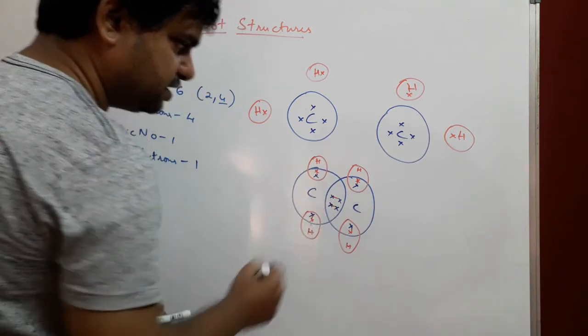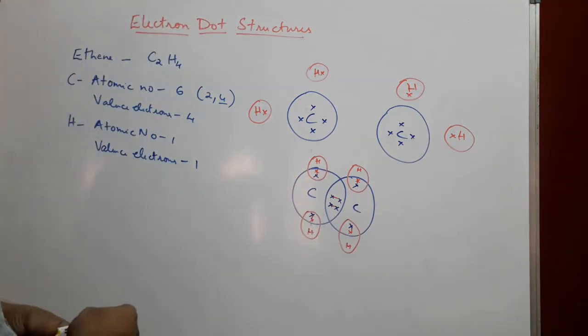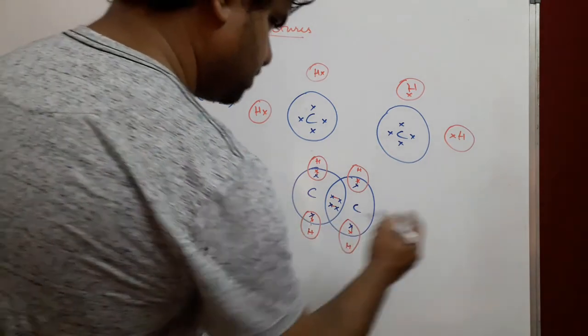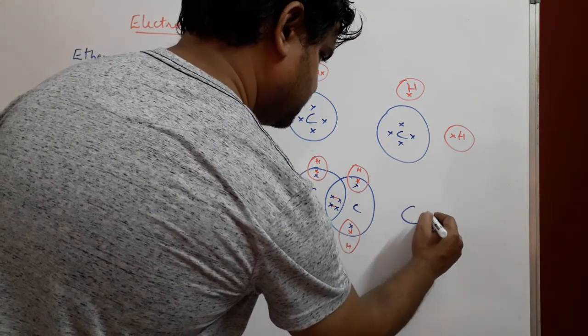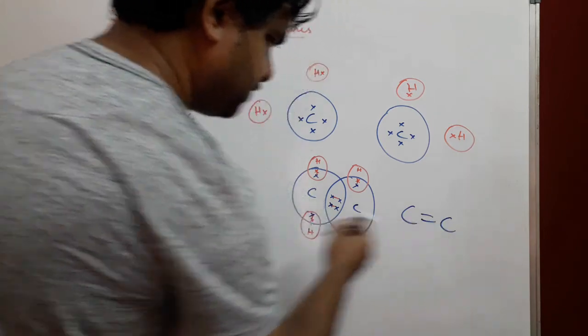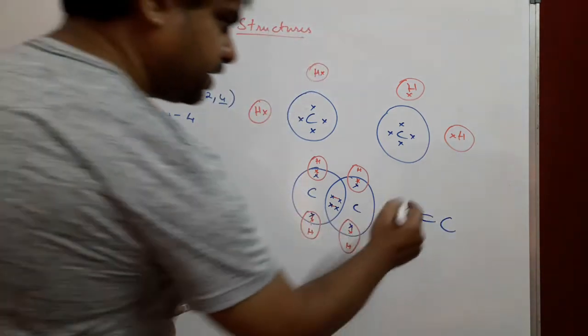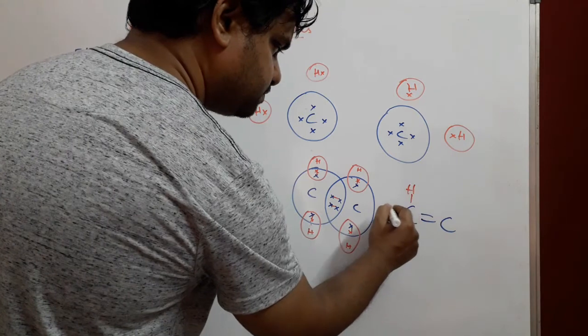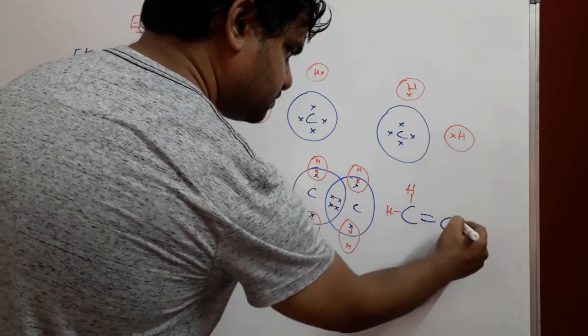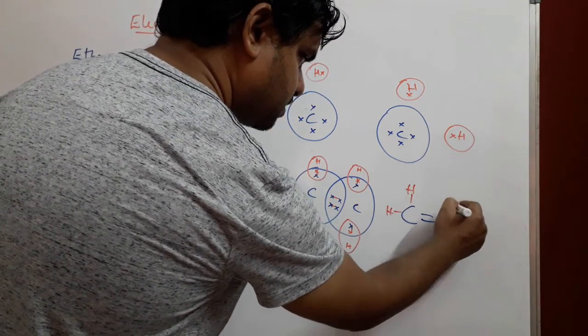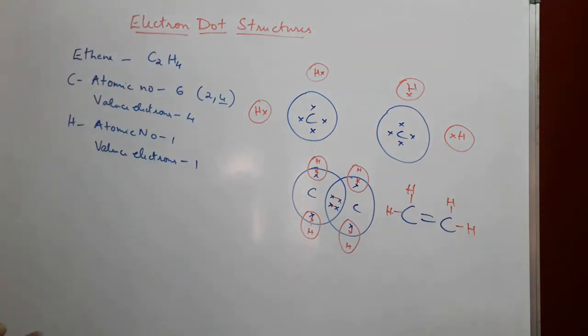So in this case all the electrons are shared, and the structural formula looks something like this, with a double bond between 2 carbon atoms and a single bond with hydrogen. This is how the structure looks.